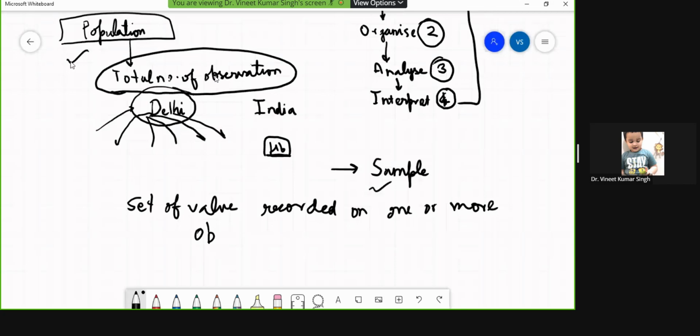Now third part in statistics is analyzing the data. Now in this part, role of statistics comes.